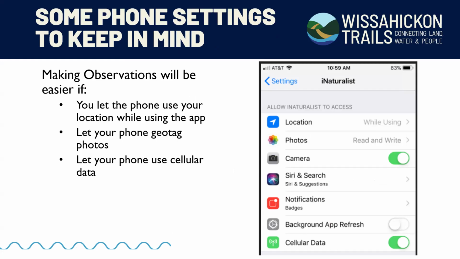There are ways to turn off cellular data use and still collect all of the basic information in the app, and then when you get to a Wi-Fi system, then you can use it to sync. The problem with not using cellular data is sometimes the identification lists don't come back as accurately, and it can be a little bit more difficult to use.